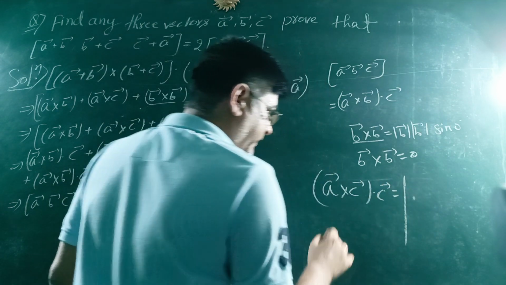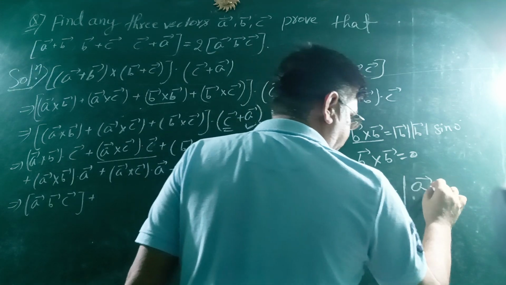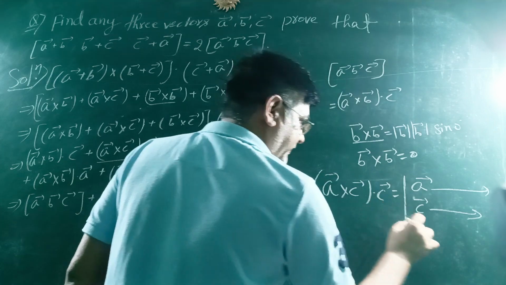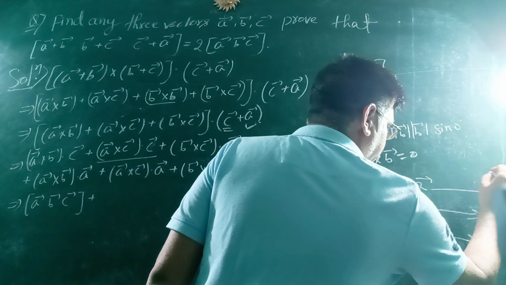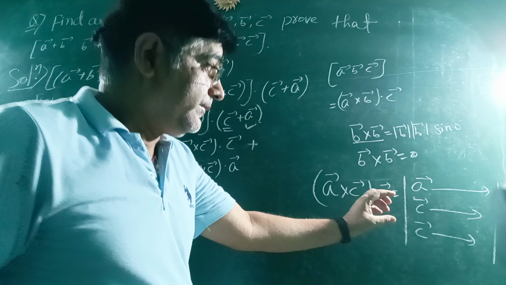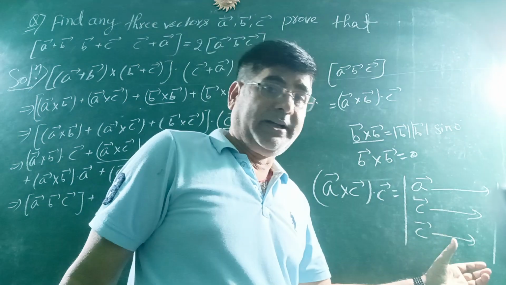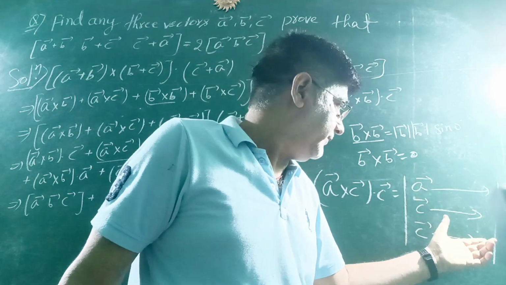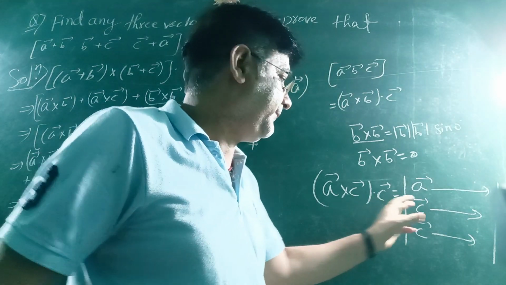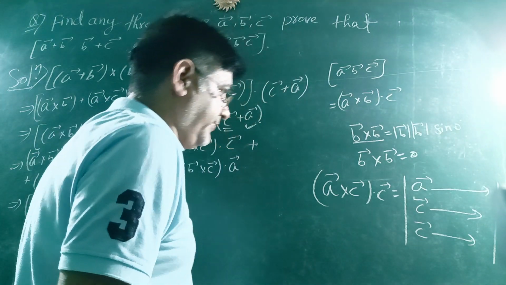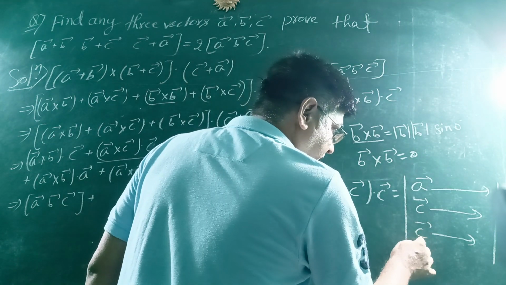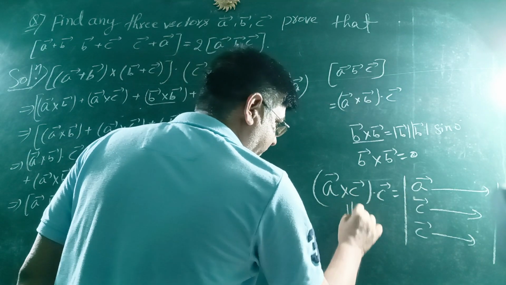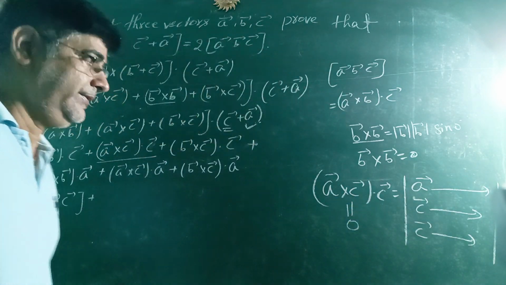It means this is the A vector is written in the form and the C vector is written in the form and the C vector is written in the form. So we know that any determinant having two rows or columns identical, then the determinant's value equals 0. Here R2 and R3 are identical, so the final result is 0.